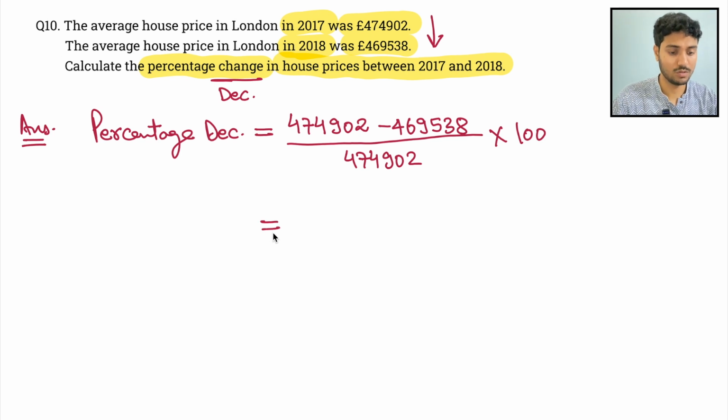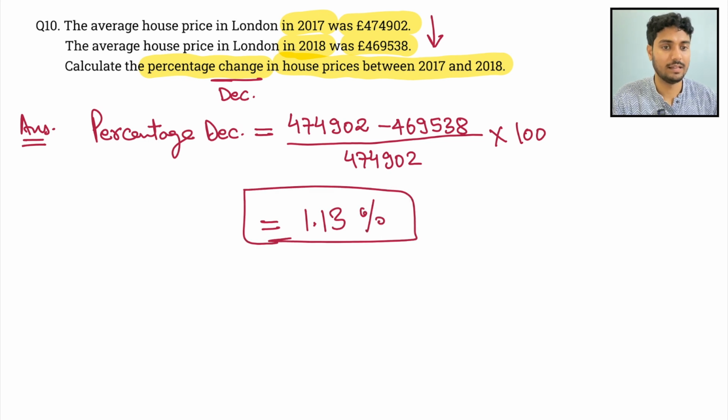So 474902 minus 469538 divided by 474902 multiplied by 100, and we are getting 1.13 percentage. So that's the decrease in percentage.